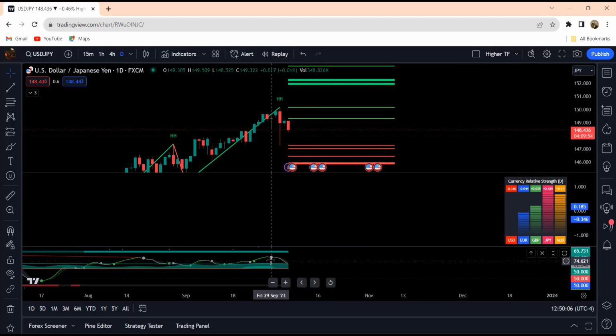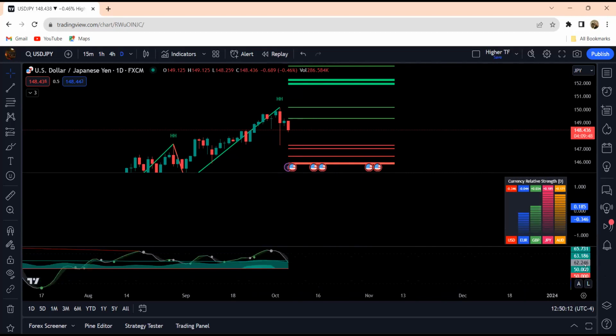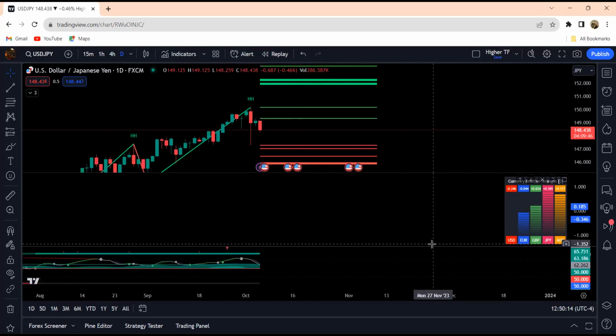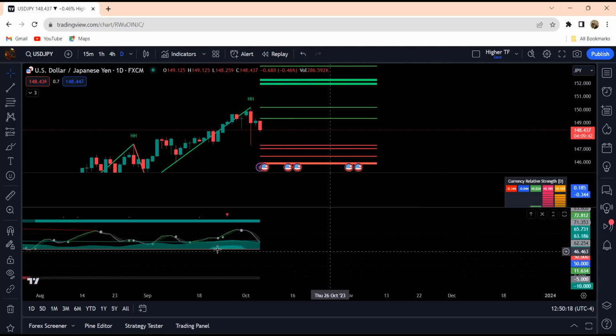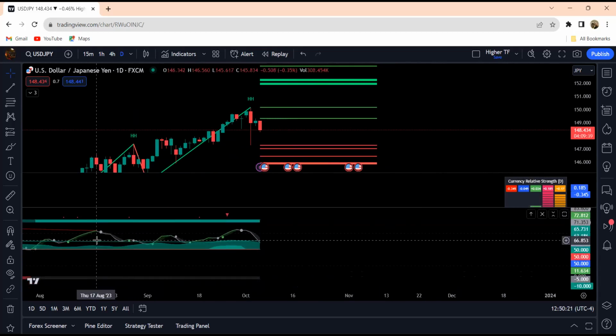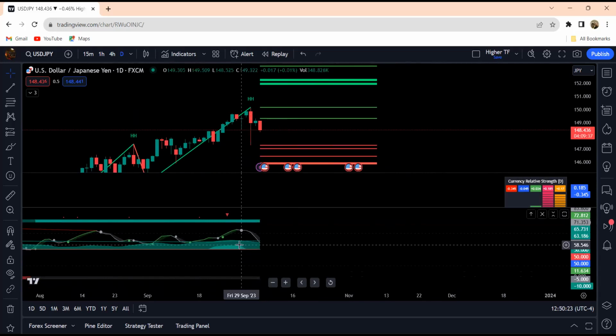And then right here, we have the oscillator matrix by Lux Algo as well. This is additional confluence, and that's really what this is. I do like the RSI probabilities within this oscillator. It does give some signals, but I don't utilize it for signals or entries or anything like that.